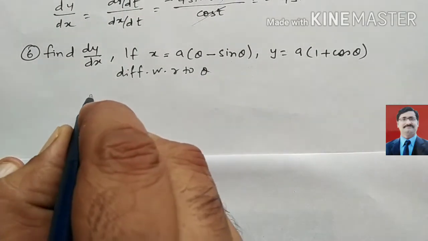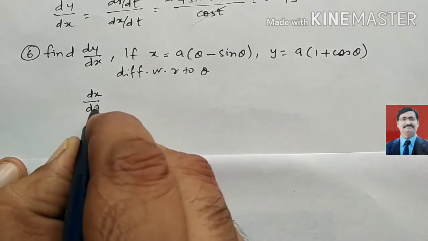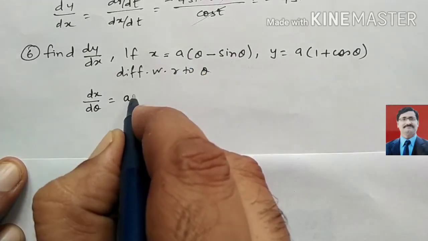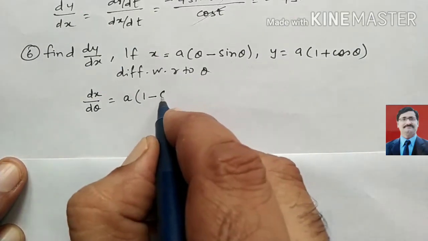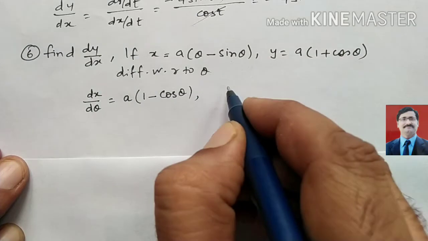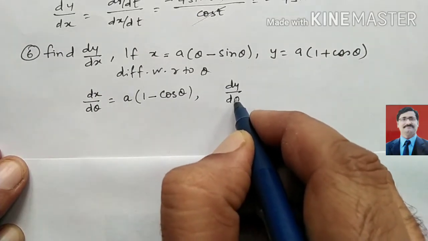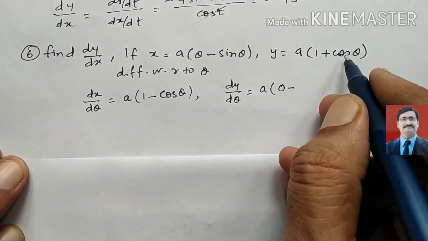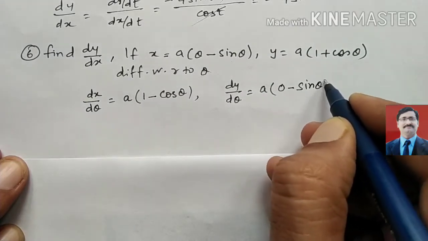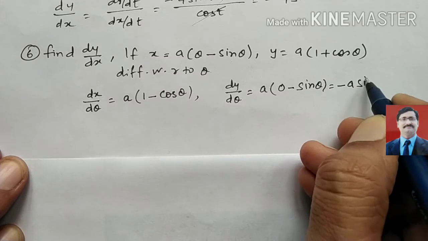Now you will get dx by d theta equal to a (constant as it is) times the differential of 1 minus sin theta, which is cos theta. And dy by d theta will be equal to a times the differential of 1, which is 0, and the differential of cos, which is minus sin theta, so you can write minus a sin theta.